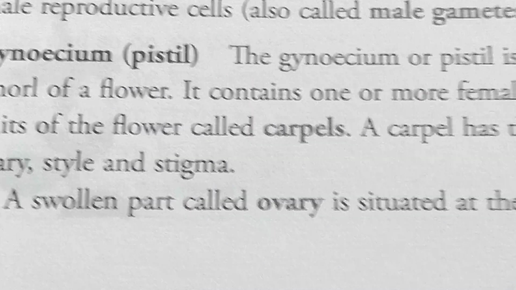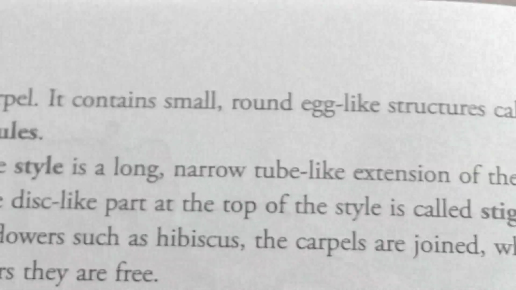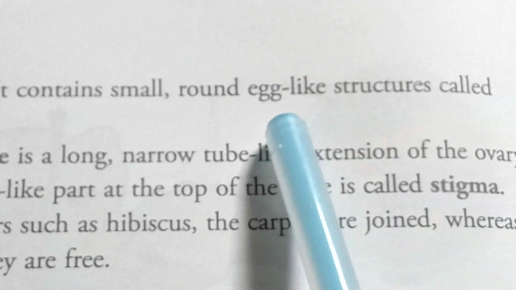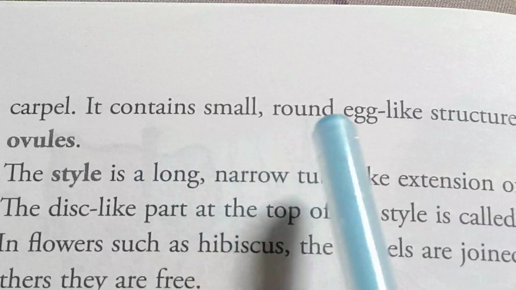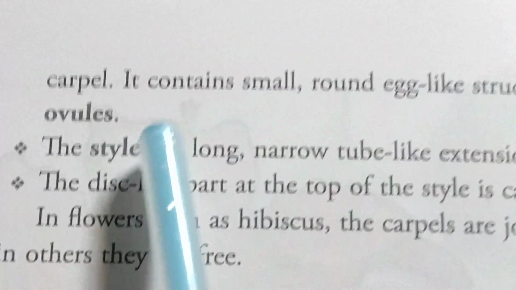A swollen part called the ovary is situated at the base of the carpel. It contains small round egg-like structures called ovules. So the ovary contains small round egg-like structures, which are also known as ovules.